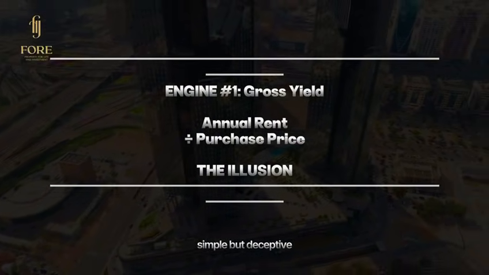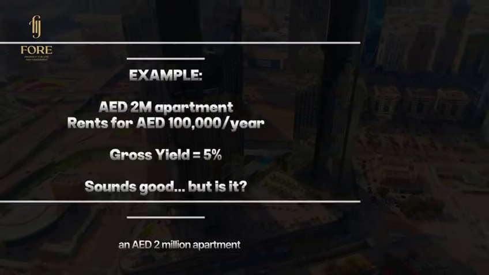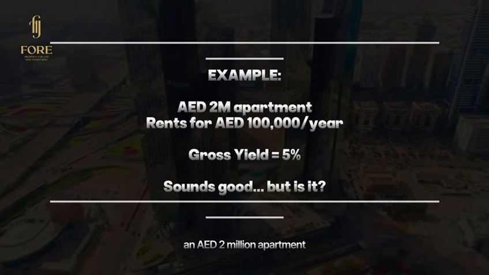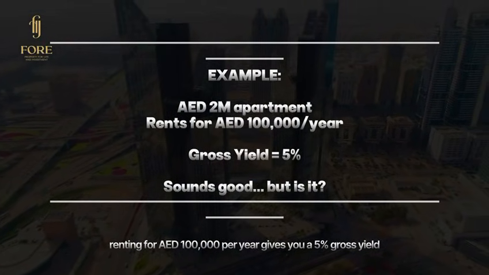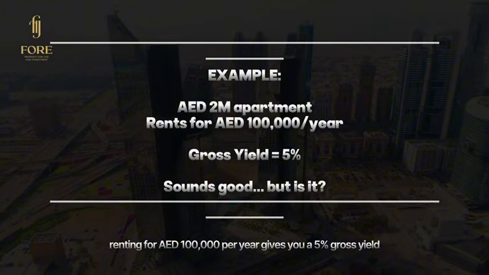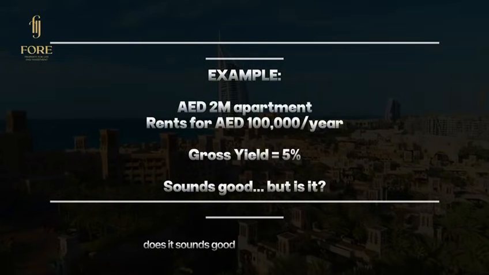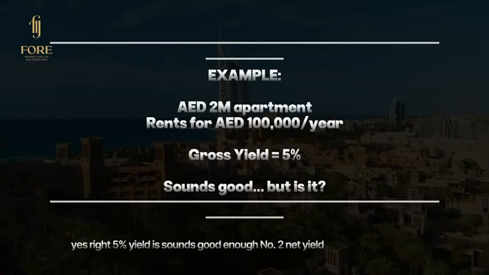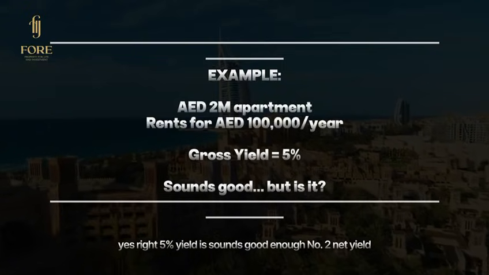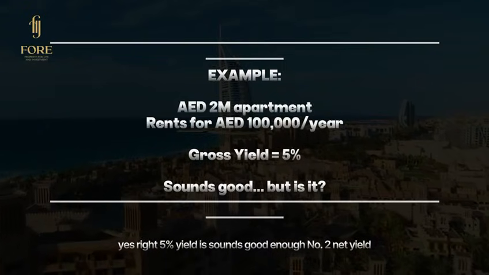Simple but deceptive. An AED 2 million apartment renting for AED 100,000 per year gives you a 5% gross yield. Does it sound good? Yes, right? A 5% yield sounds good enough.